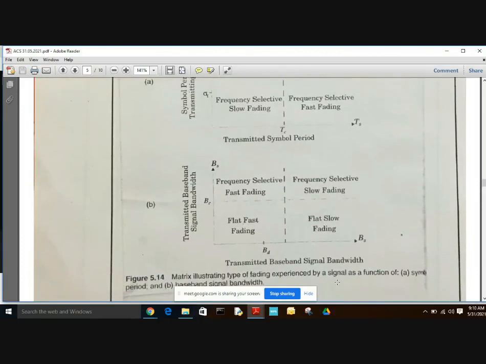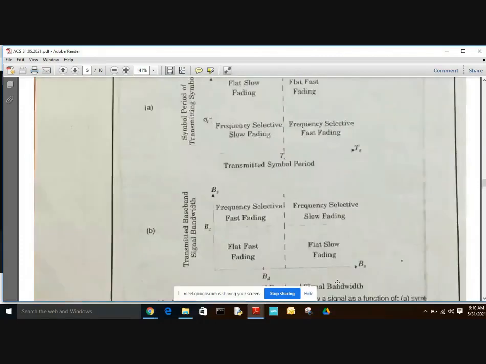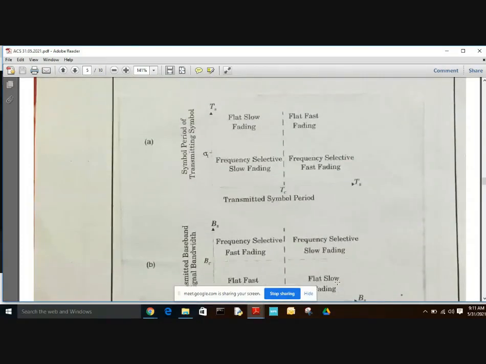Here the figure shows the two categories. In the case of the symbol period of the transmitting symbol, basically we have Ts. In comparison to this Ts, we have two types, that is flat fading and frequency selective fading. Here we have a tau-c delay spread.